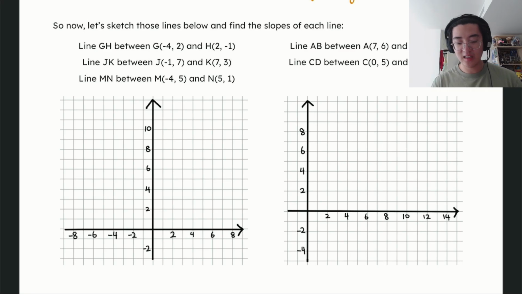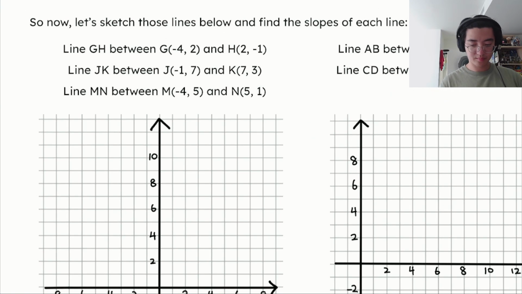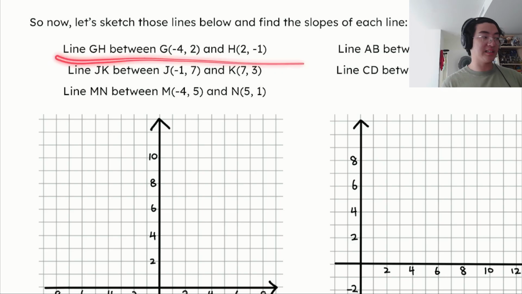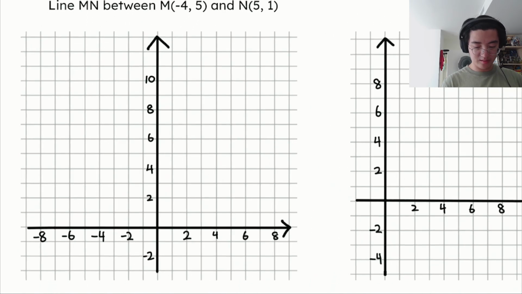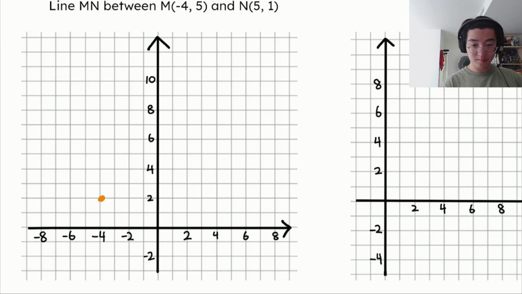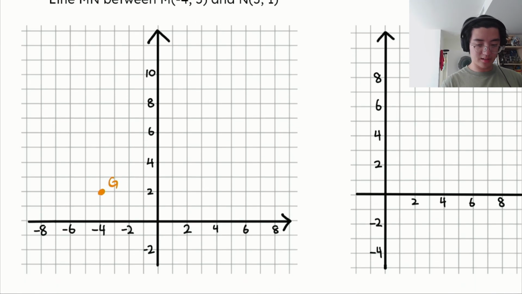So let's take those three lines here. So let's plot those lines out. GH: G is at (-4, 2), and H is at (2, -1).